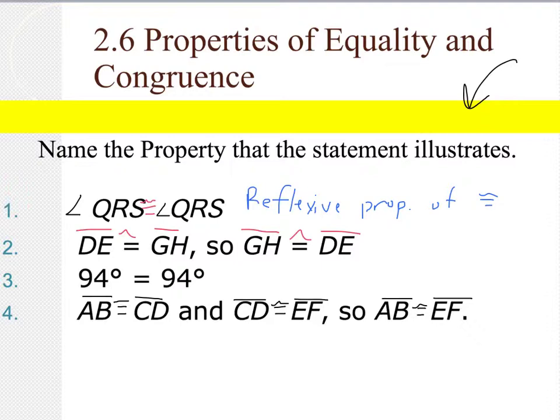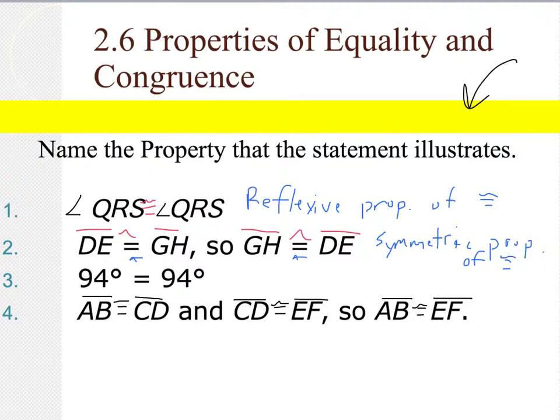Next one, DE is congruent to GH. So GH is congruent to DE. When we look at that, it is a direct mirror of each other. Okay, it means that is our symmetric. And which property are we talking about? Because we have a congruent symbol on each side, it is symmetric property of congruence.